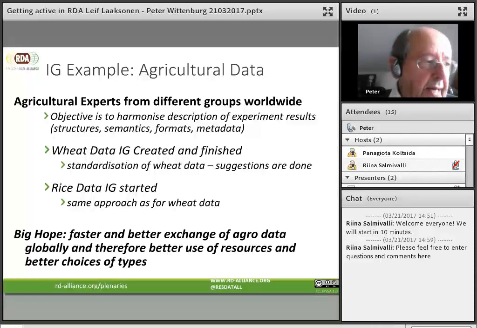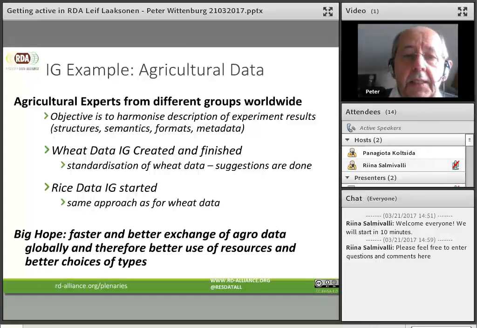So you have the FAO, I can't recall at this moment what it stands for. It's a big organization, looking to food supply. There are others, and it's not easy to get everyone under one umbrella. So all these agricultural people found that RDA is a good place for them to come together. It's a kind of neutral place which they like.